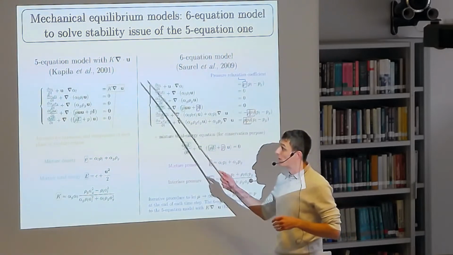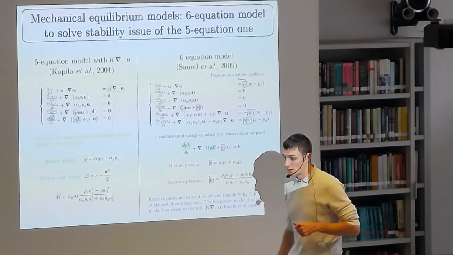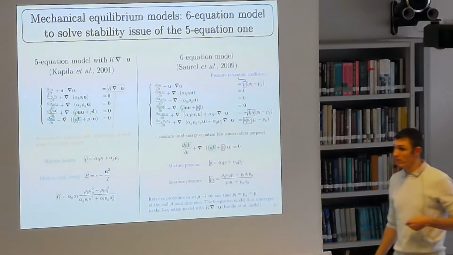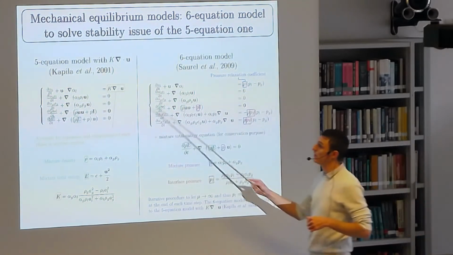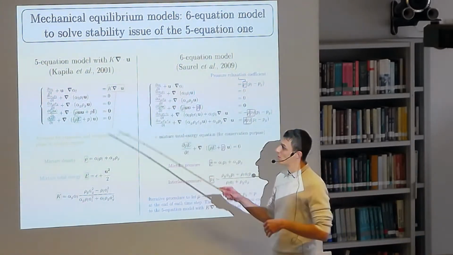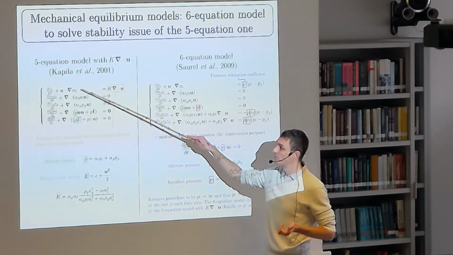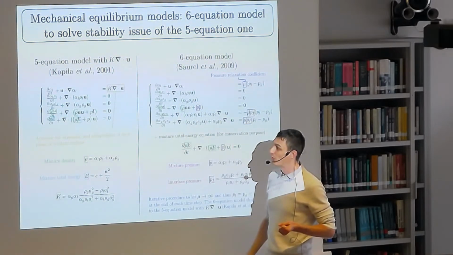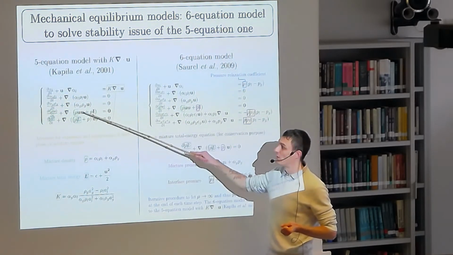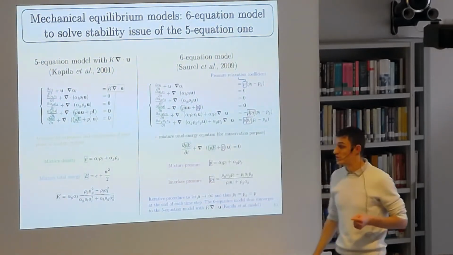This is commonly used, and what is well posed mathematically, but also in terms of thermodynamics, is the capillary model. In this one, you have an equation on the volume fraction, two equations, one for each phase mass, and you have a mixture equation for the momentum and a mixture equation for the energy.